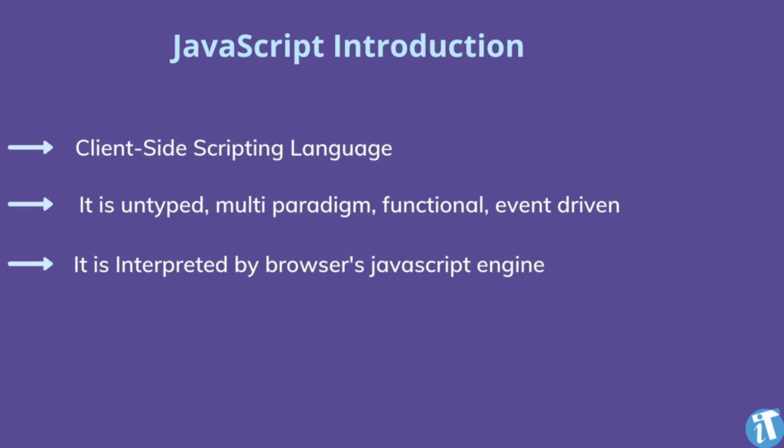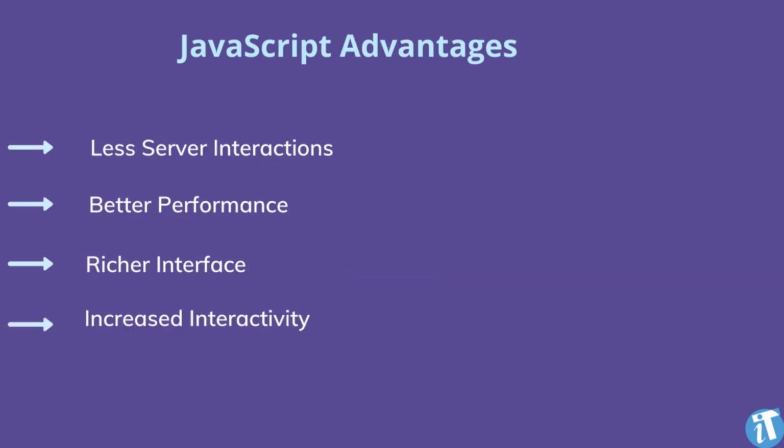That JavaScript engine is actually able to execute the code which is written in JavaScript. And make sure that while doing this, JavaScript is enabled for that particular browser. Only then will you be able to see the execution of your JavaScript code.